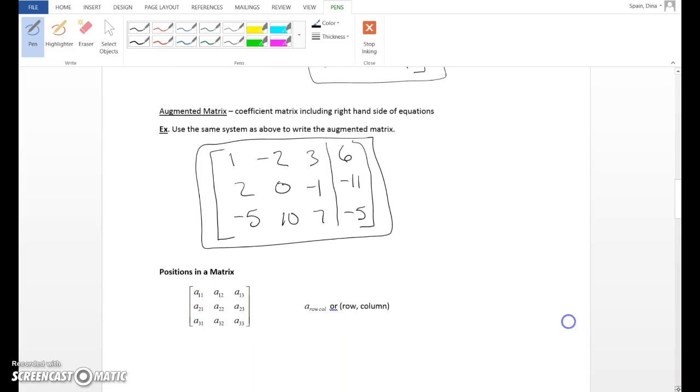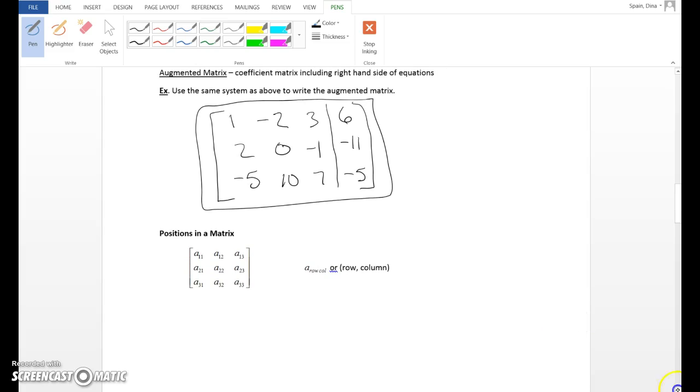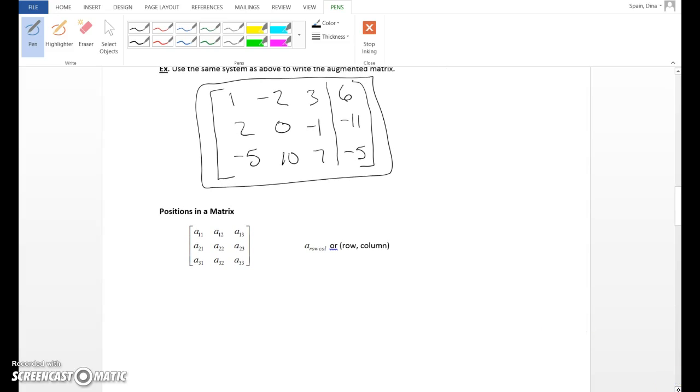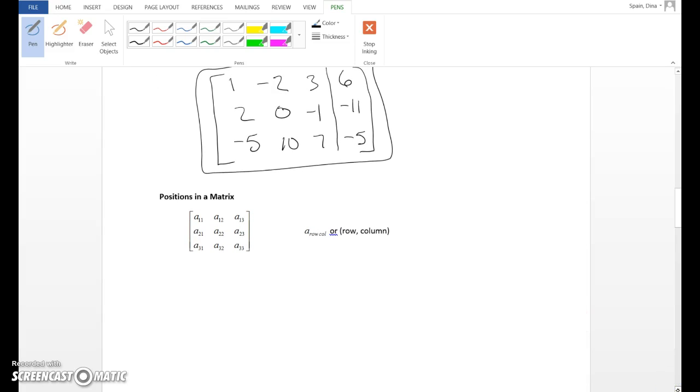Let's go over, I'm keeping an eye on the time, this notation for the positions in a matrix, and then I'll do the examples in the next video. Alright, positions in a matrix. Each one of these numbers has a certain position associated with it, and the notation you use is like A11.